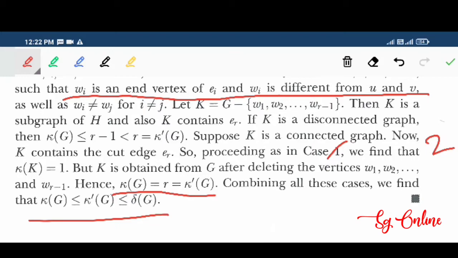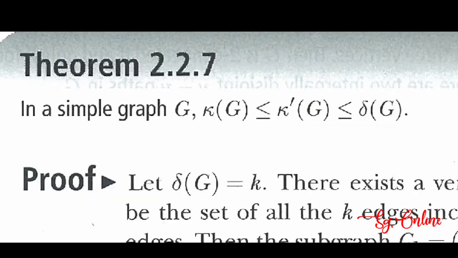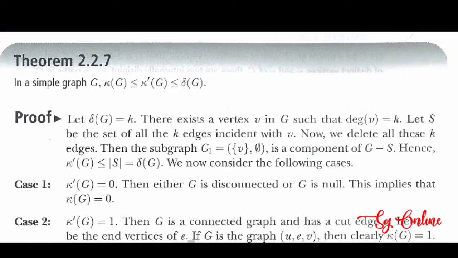this ordering of kappa and kappa dash. We prove that kappa dash is less than or equal to delta, and that is very clear, since the minimum degree of vertices is delta. Suppose there exists a vertex V with degree delta.